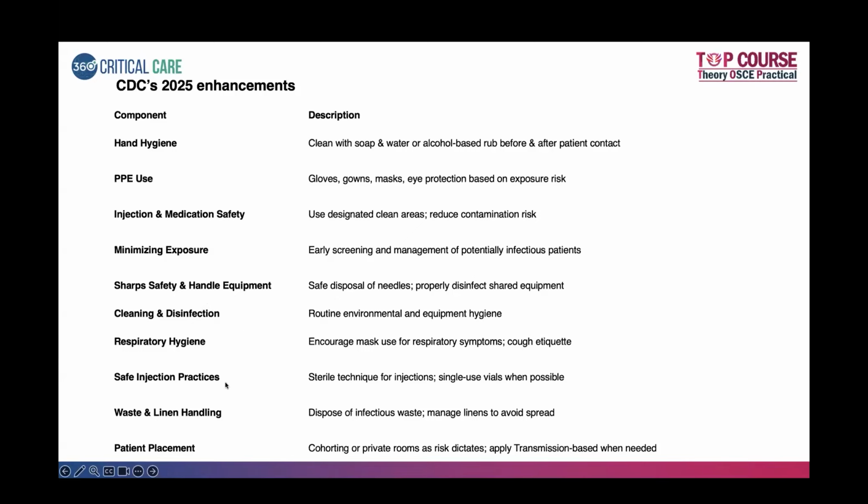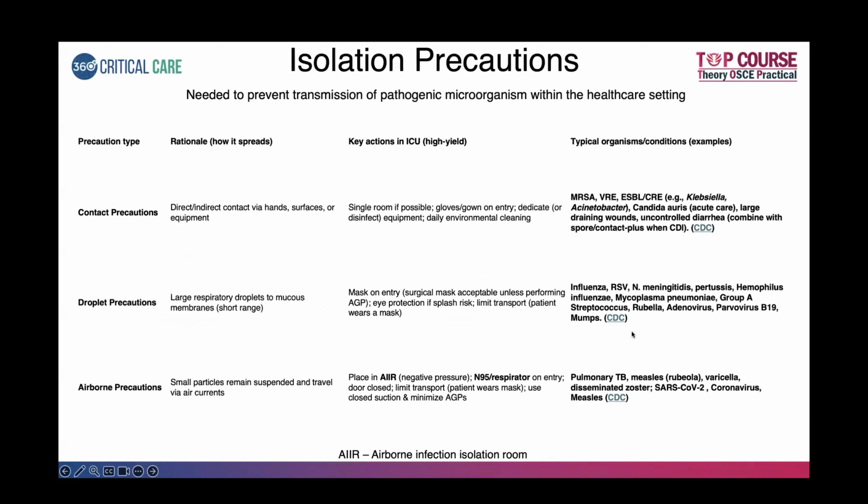Then safe injection practices: sterile technique for injections, single-use vials whenever possible. Waste and linen handling: dispose of infectious waste, manage linens to avoid spread. And patient placement: cohorting or private rooms as risk dictates. Apply transmission-based precautions whenever needed.